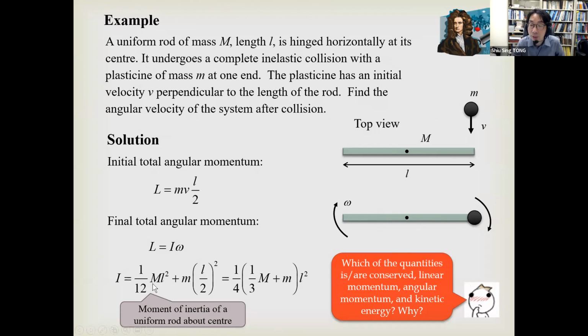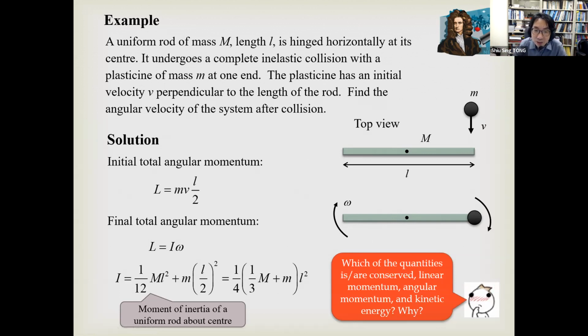If you have a rod held about one end, the moment of inertia is 1/3 m l squared. If you have a rod held about its center, its moment of inertia is 1 over 12 m l squared. And I also have this persistent, which is at a distance alpha 2 from the center, so its moment of inertia is m small alpha 2 squared. The two added together give you the total final moment of inertia.